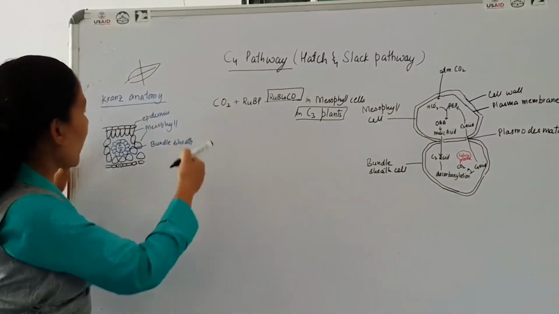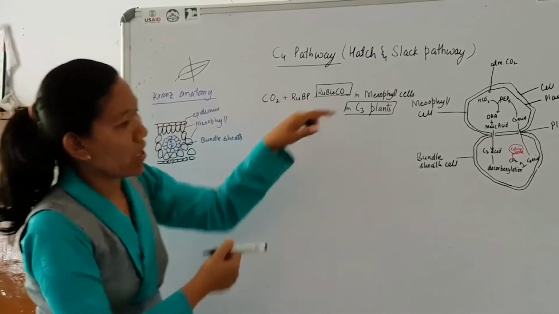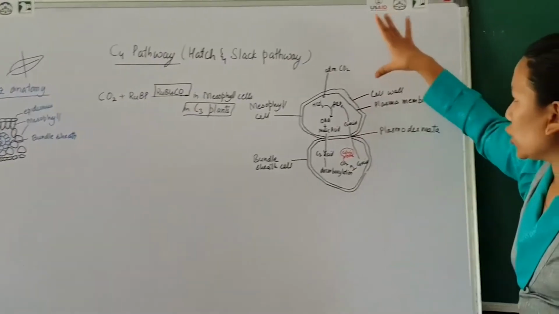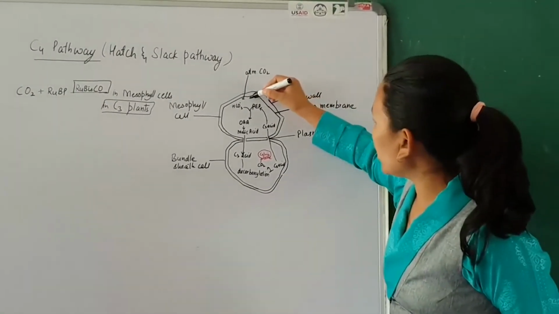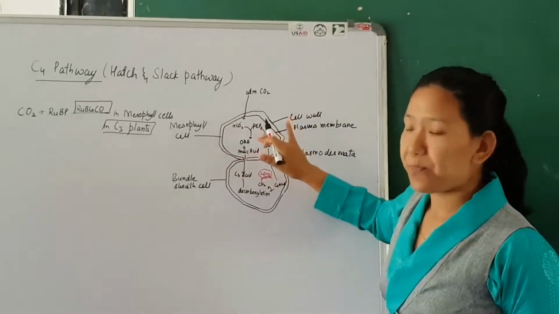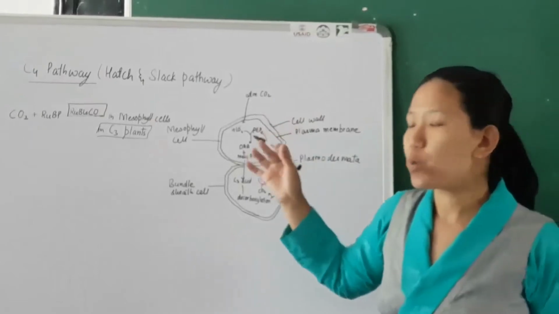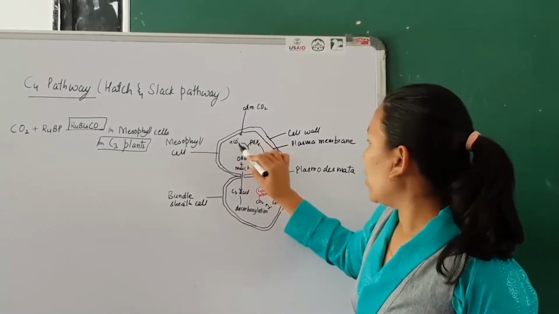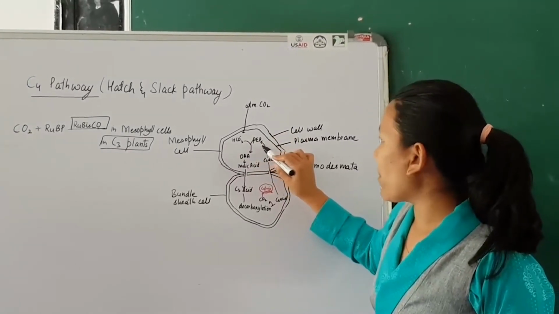Okay, now let us look at the enlarged portion of this Kranz anatomy here, and try to understand the pathway first. So the atmospheric carbon dioxide enters into the mesophyll cells first, and in the mesophyll cells, of course, there is water present. So carbon dioxide reacts with water to form bicarbonate, and this bicarbonate, which is a source of carbon here, is accepted by the primary acceptor.